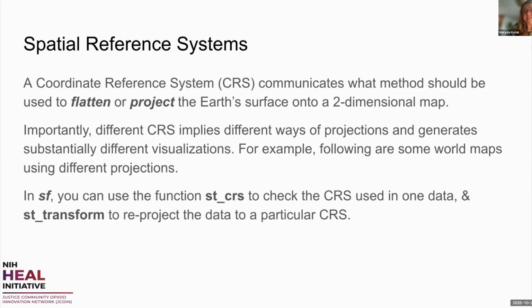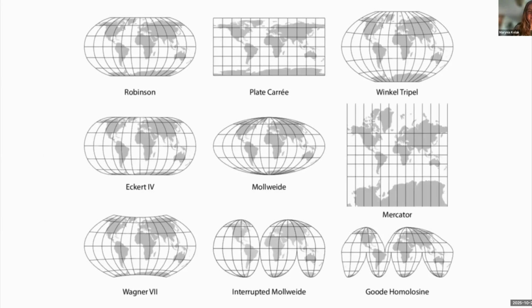So different CRSs will imply different ways of projections and generate substantially different visualizations. We'll show you a couple examples in just a minute, and there's more in the text as well. In SF, there are two functions we'll be using a lot. You use st_crs to check what CRS you're working with, and then to transform from one coordinate reference system to another, we'll use st_transform.